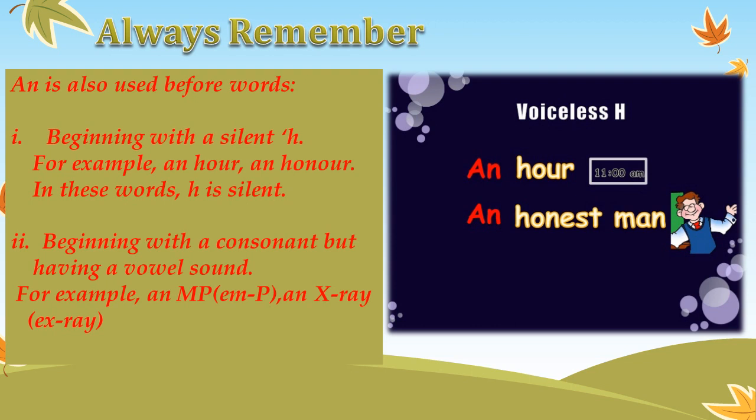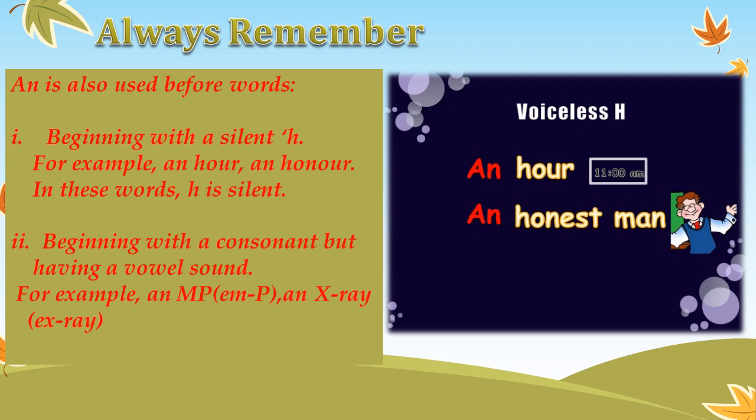Beginning with a consonant but having a vowel sound. We use an with the words which begin with a consonant but have a vowel sound. For example, an MP, an X-ray.